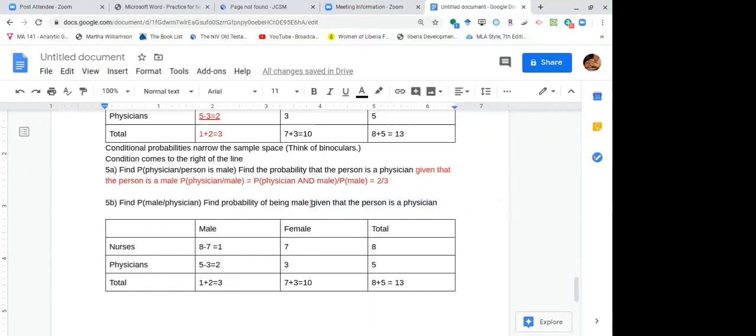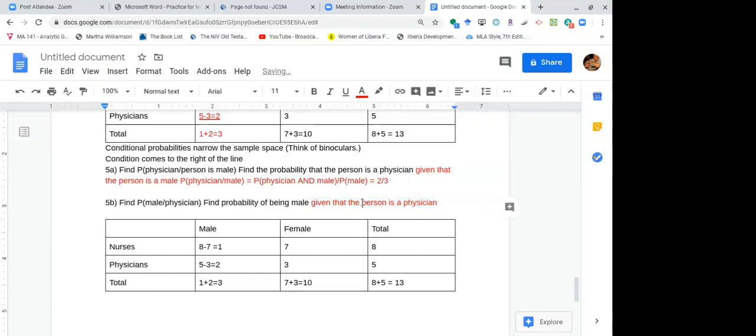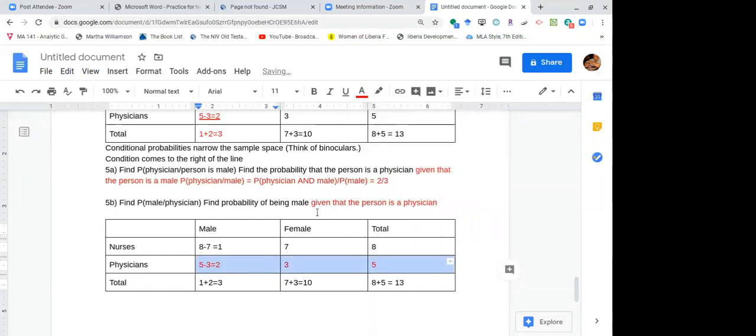Given that the person is a physician, this is your out of 5, red. Now your focus, your binoculars, go to this group. Does this make sense? Is it going to be 2/5? Yep. Probability of being male given that, yes. Right. Okay, I understand.